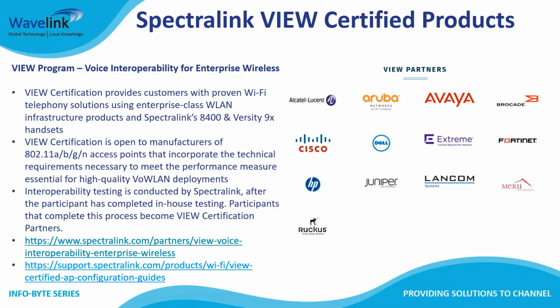Spectralink themselves work closely with most major vendors of enterprise-grade Wi-Fi solutions, be it Fortinet, obviously we're a Fortinet distributor, Aruba, Cisco, Juniper, Ruckus, etc. As you can see here, it's just a snapshot of some of them.